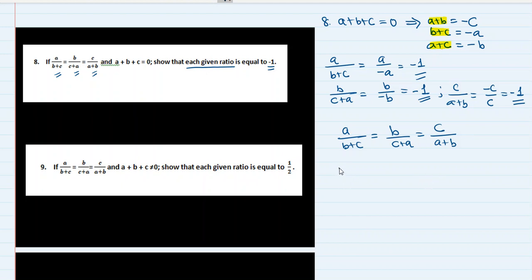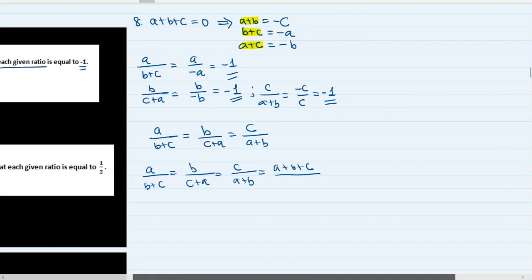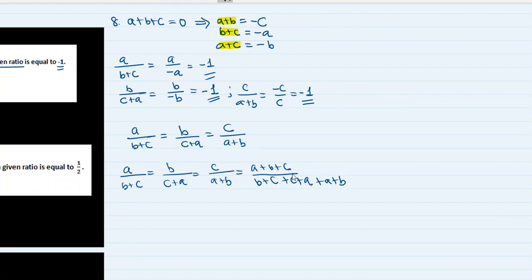So that means that A by B plus C is equal to B by C plus A is equal to C by A plus B equals A plus B plus C by B plus C plus C plus A plus A plus B. What did I do?